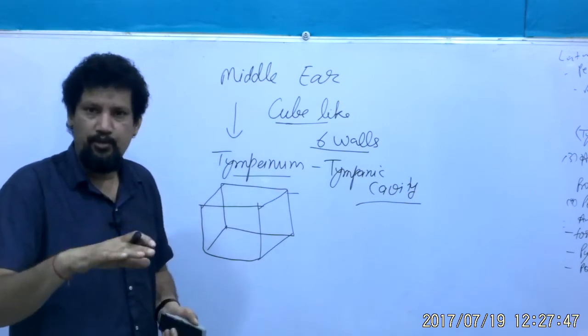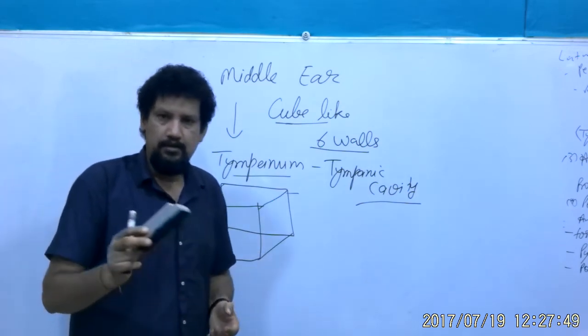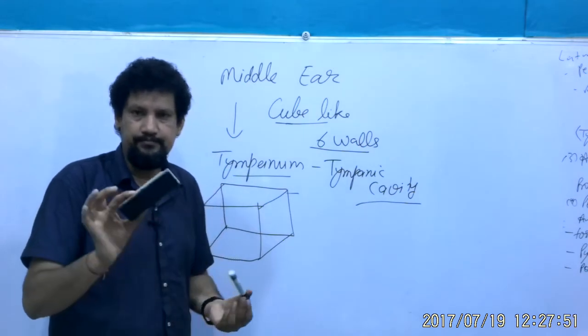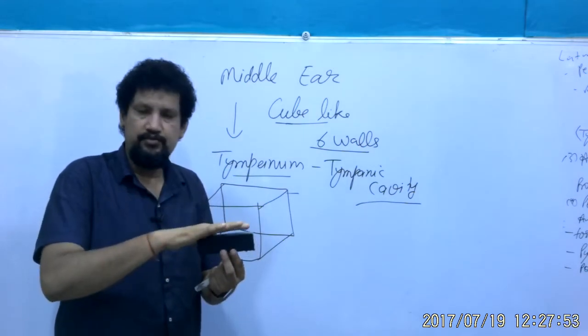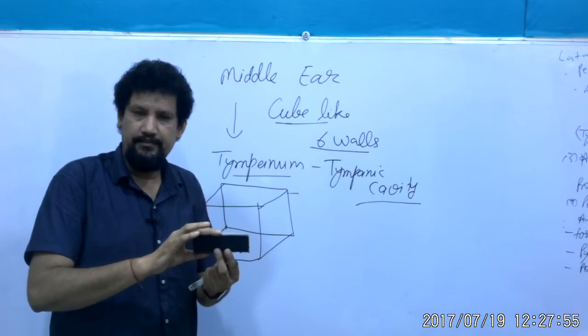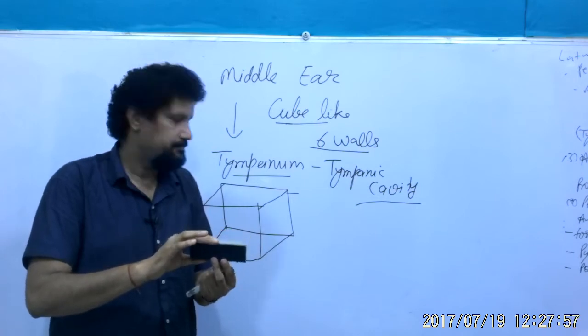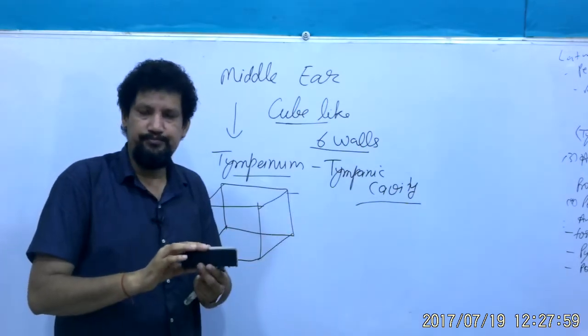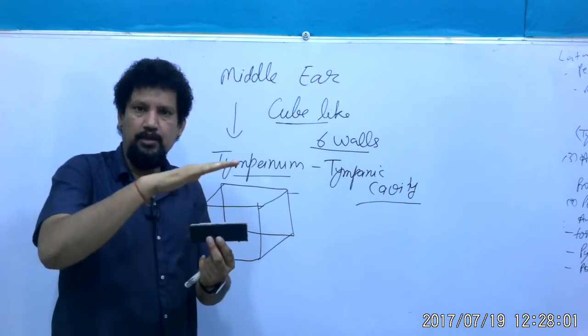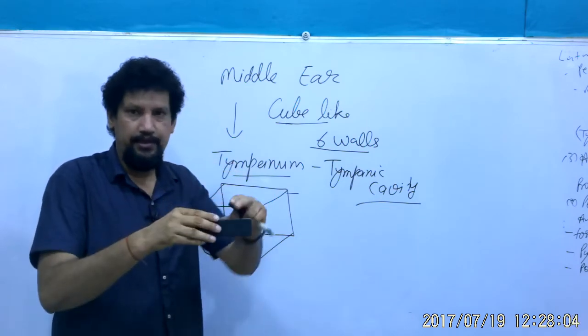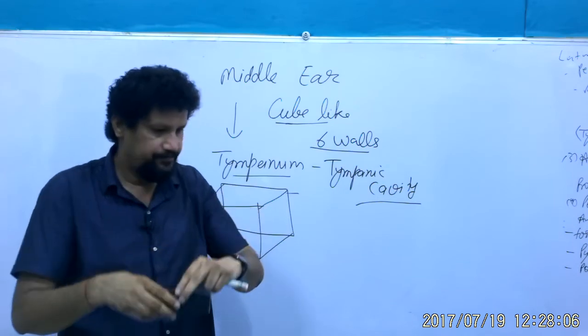So it is having 6 domains. One is the upper domain. This eraser, it is having 6 walls. So the cavity of the middle ear is like a cube having superior wall or the roof, the inferior wall or the floor.